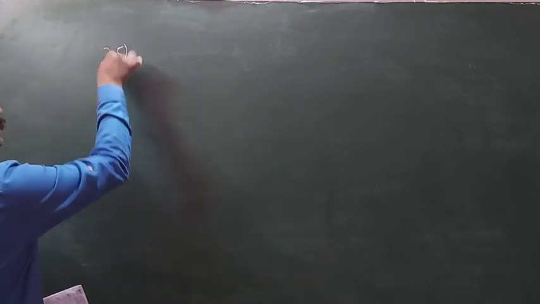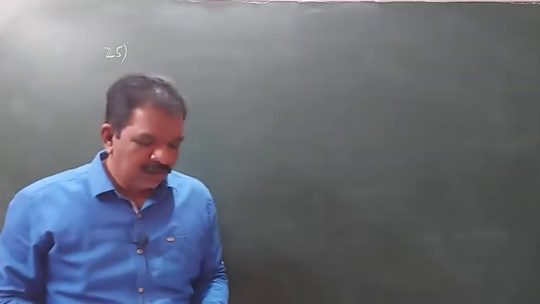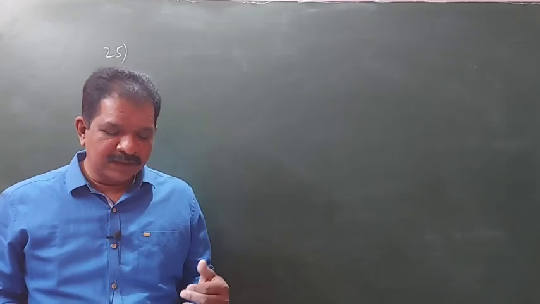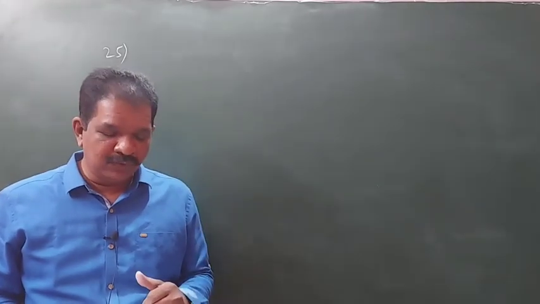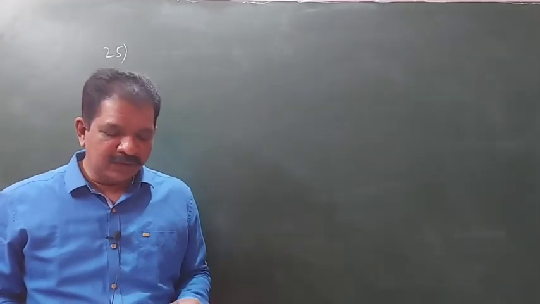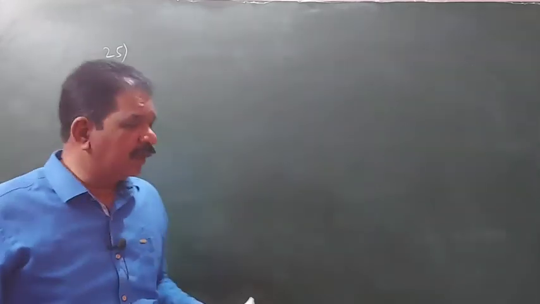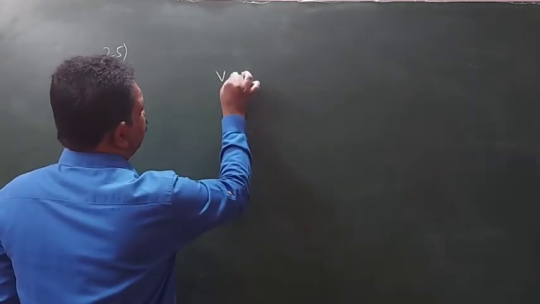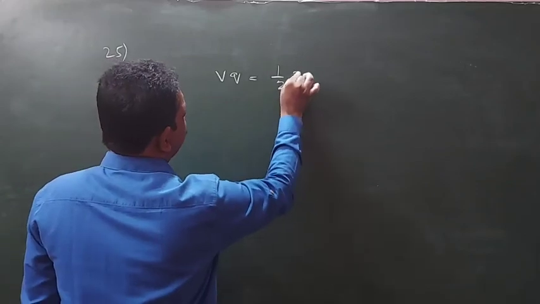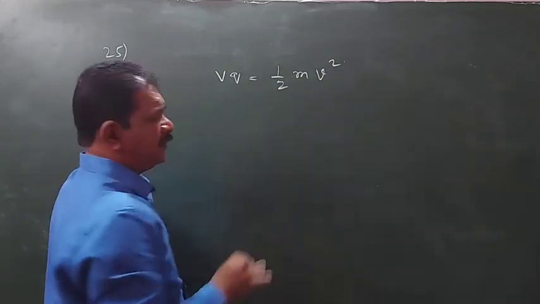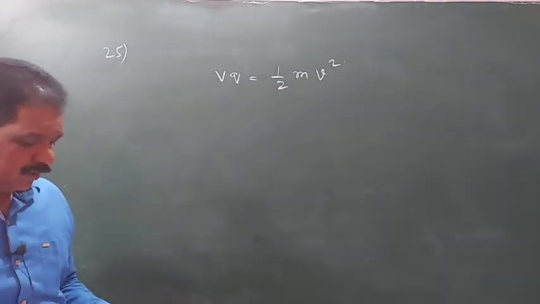What they are asking, see. 1 kg mass carrying a charge 2 coulomb accelerated through a potential difference of 1 volt. Velocity acquired is? Work done is equal to KE. So VQ is equal to half mv square.